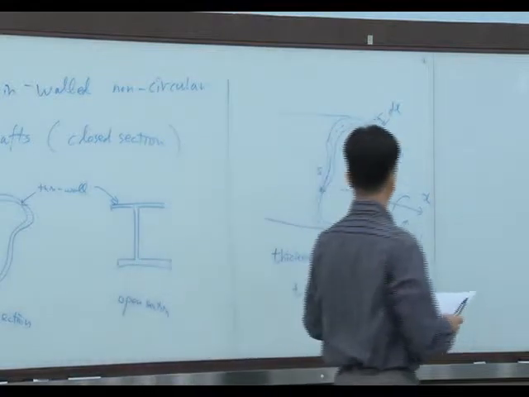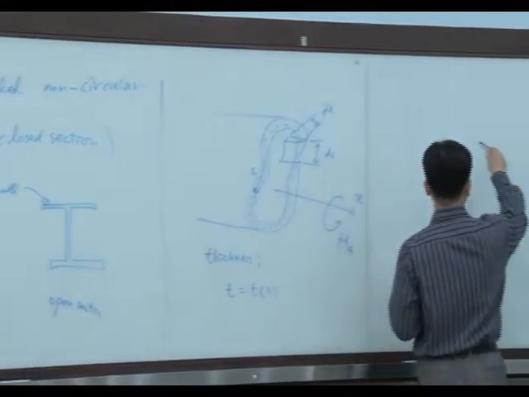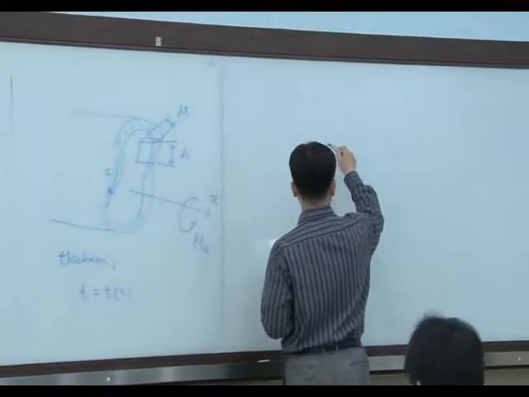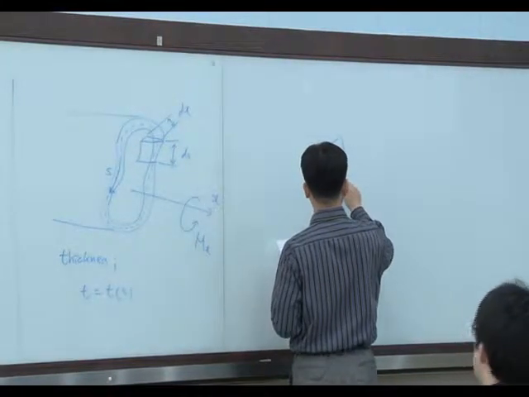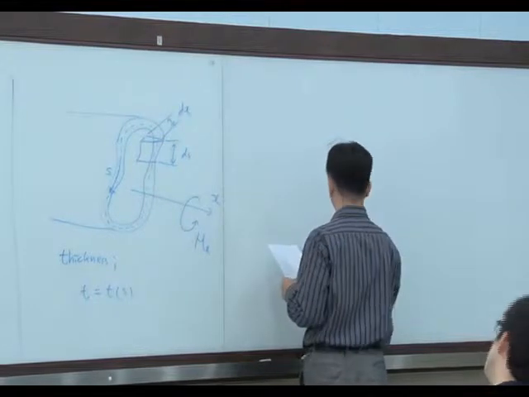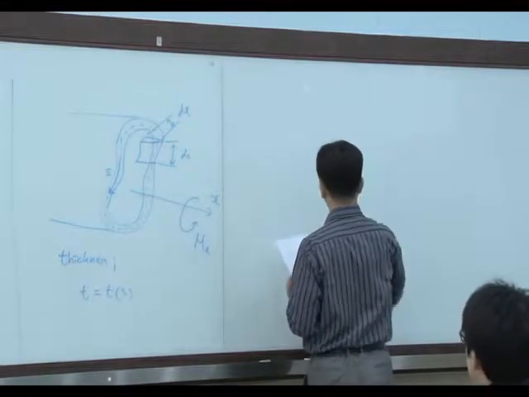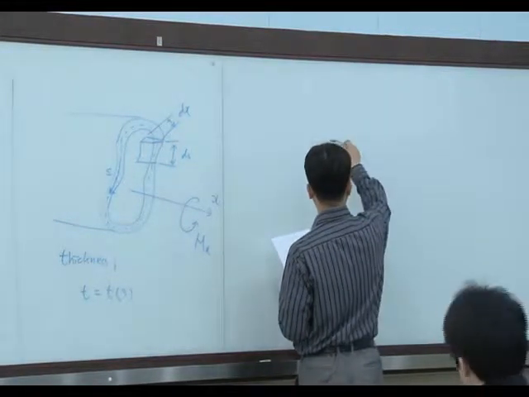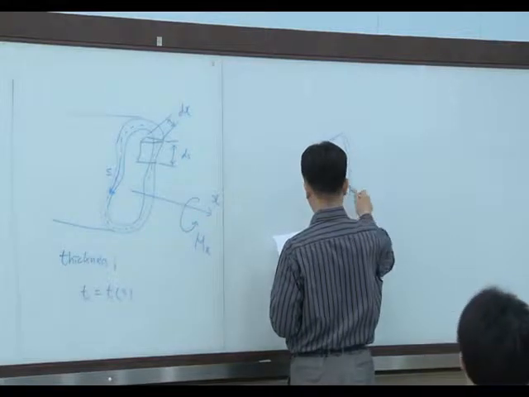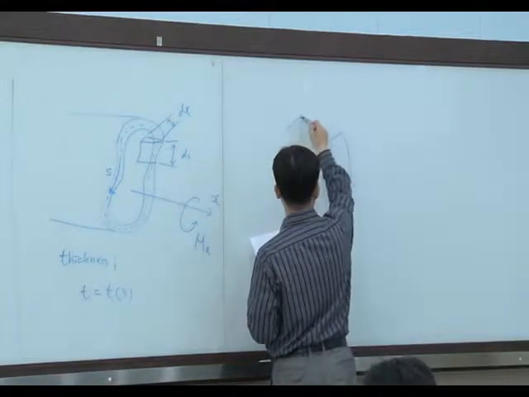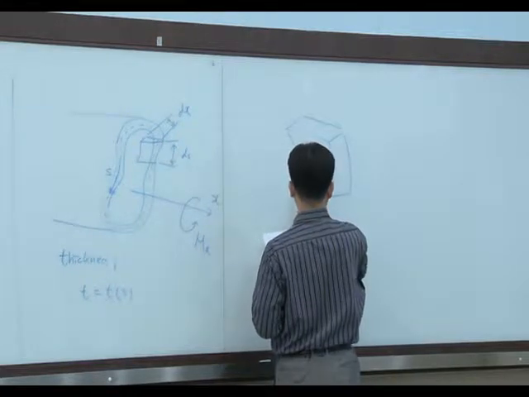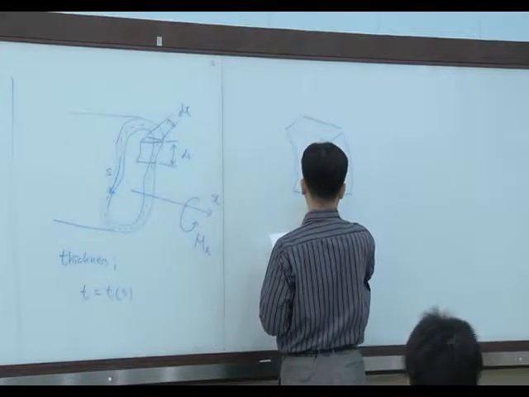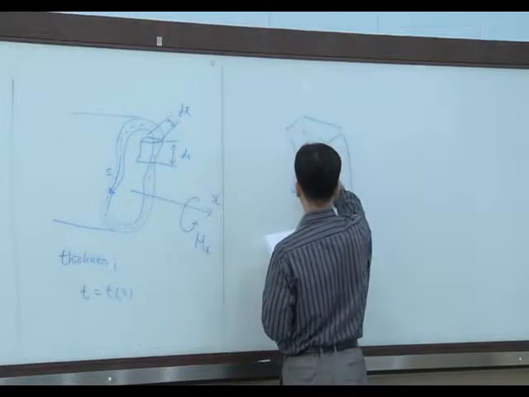So let's redraw only that small differential part of the cross section. It looks like that.